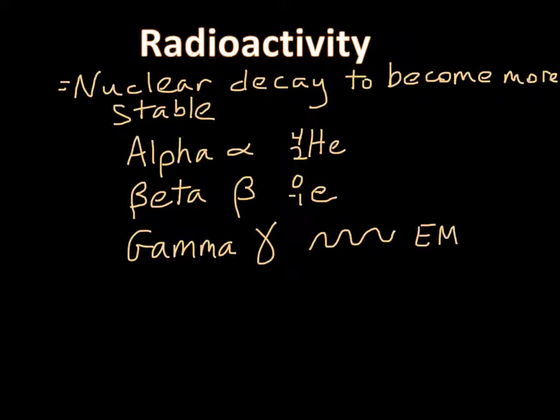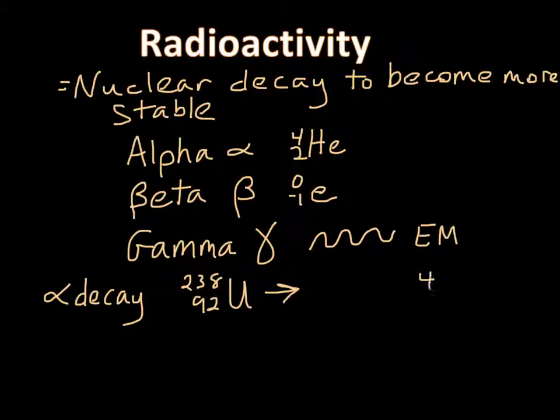We can use the alpha and beta particles in nuclear decay equations to show how an element breaks down. If we want to demonstrate the alpha decay of a uranium-238 radioactive particle, there would be, because it's alpha, an alpha particle coming out, and then we have to do the math to figure out what particle makes up the difference mathematically.